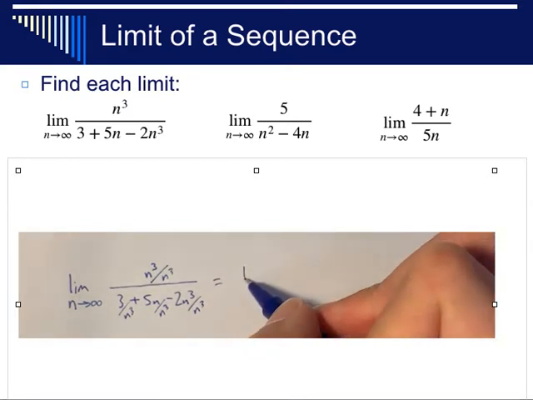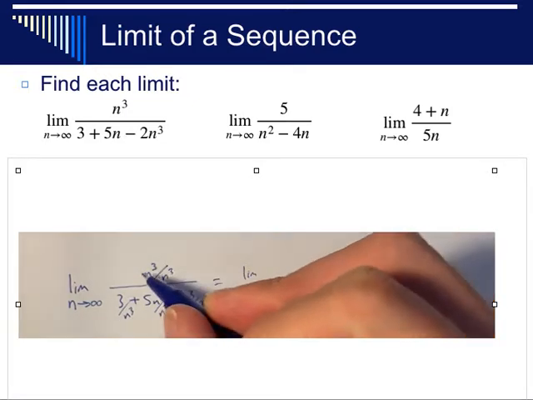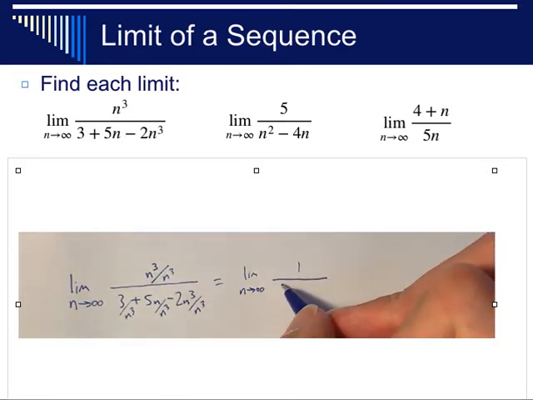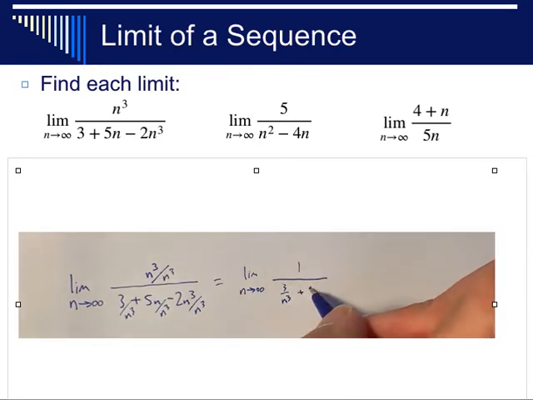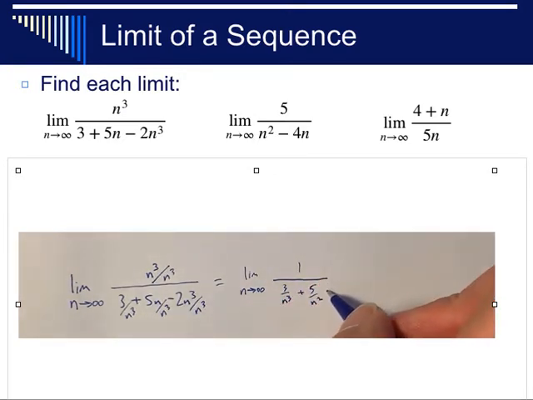If I do that, now I've got the limit as n approaches infinity of, on top, just a 1. And on the bottom, I've got 3 over n cubed plus 5 over n squared minus 2.